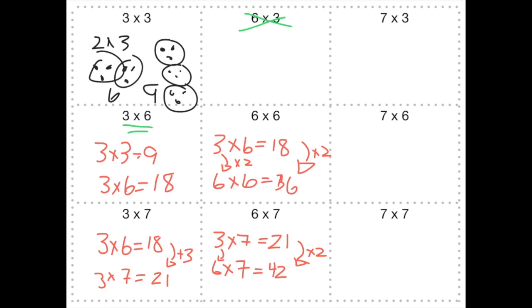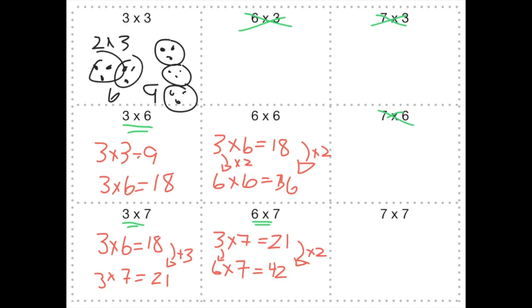Now we can eliminate a few again. Because we've already worked with 3 times 7, we can eliminate 7 times 3. And because we've already worked with 6 times 7, we can eliminate 7 times 6 because they'll have the same product. And what we have left is 7 times 7.